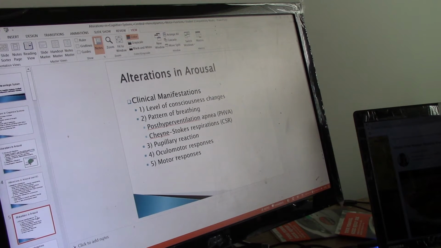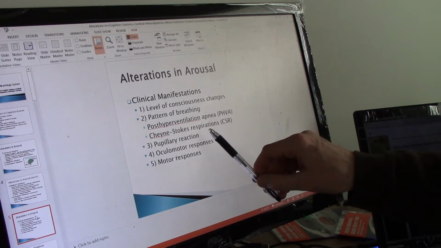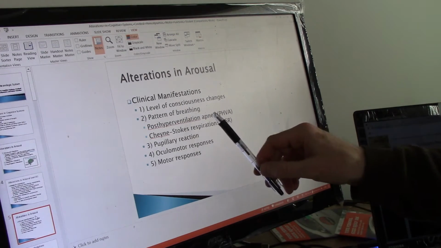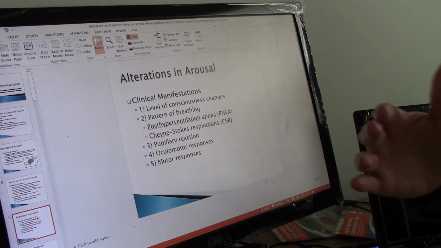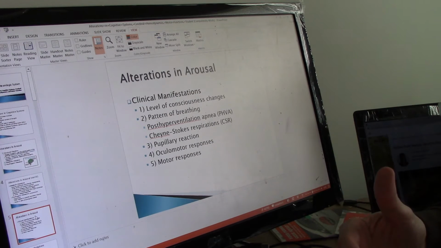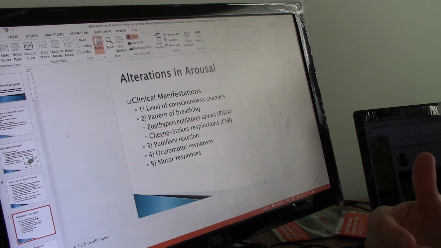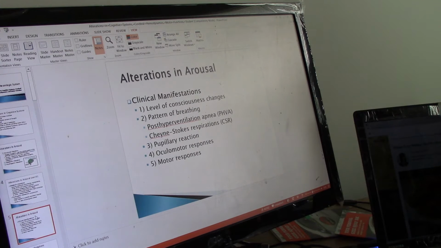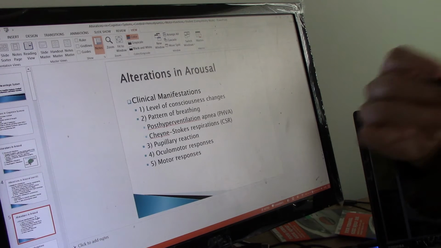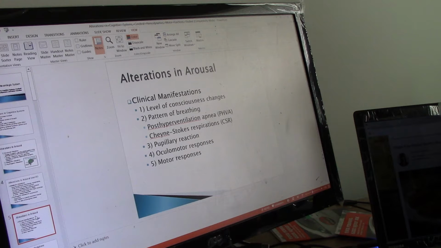You could also have those Cheyne-Stokes respirations, and just the pattern of breathing in itself. When somebody is alert and oriented ×4 and the brain is properly functioning, breathing is controlled by the autonomic system, which in turn is controlled by the brain. And the brain does that for you. You don't have to set your respiration rate. The brain will do that automatically.